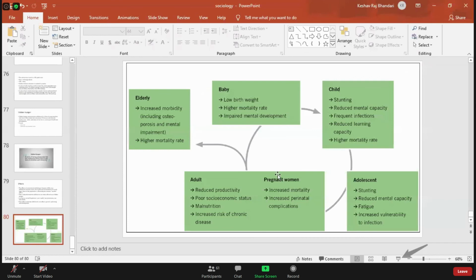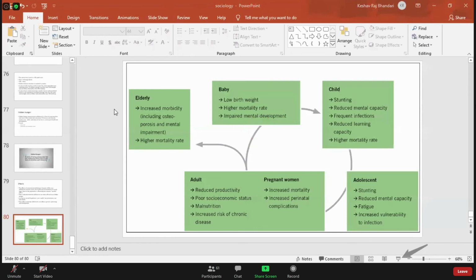When the adults and pregnant women give birth to a child, again the cycle continues. Those who have increased pregnancy complications may give birth to a low birth weight baby with high mortality rate, and in turn this cycle of hidden hunger continues.